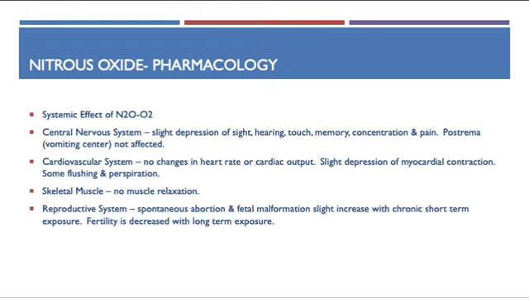You can think about the last time you've had nitrous oxide and how all of your senses started to close in, the room started getting a little bit darker, and you started having a little bit of tunnel vision. You almost couldn't hear very well, and that's really what that's referring to. So, the central nervous system, there are some slight depressions of those senses, as we've talked about.